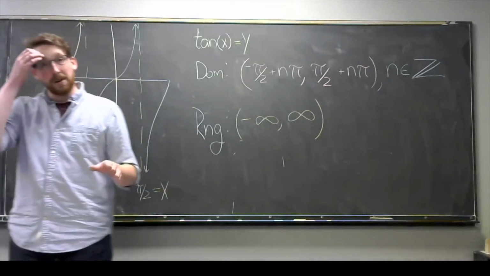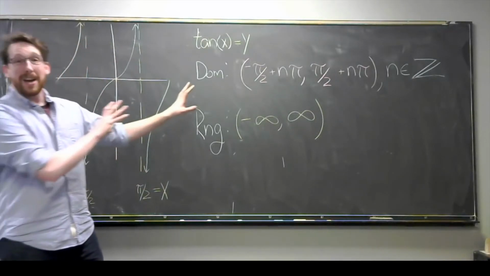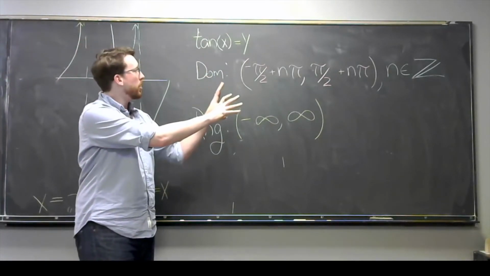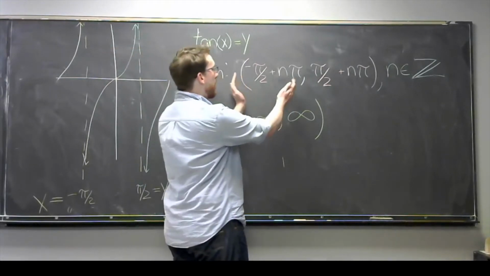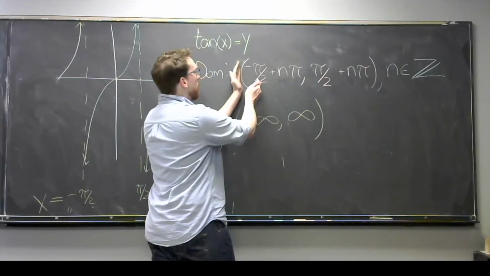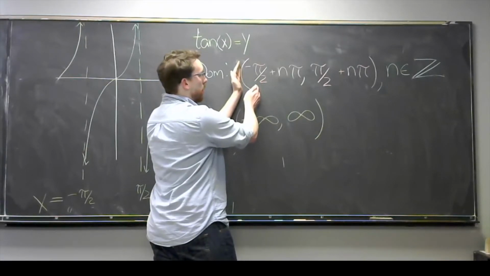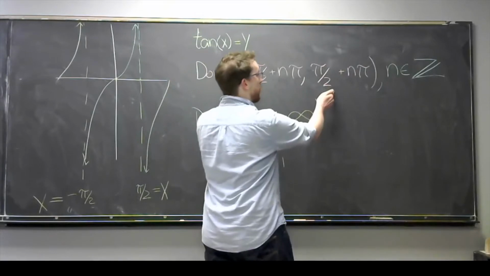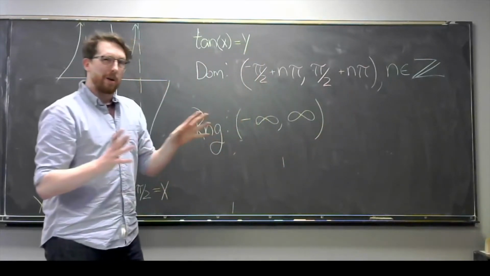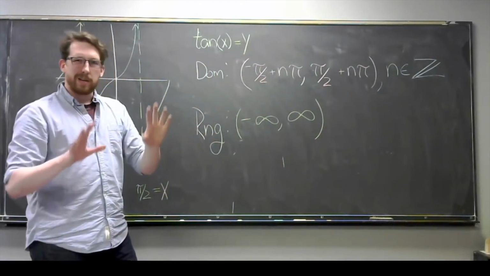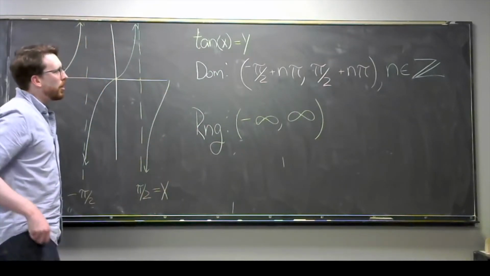Now, as hairy as this is, because we're literally saying you can go up to negative pi over 2 and up to pi over 2, but you can't include those values. That's hairy, I know, and it's going to take some time to get used to this idea.